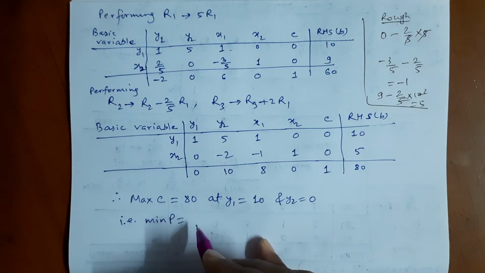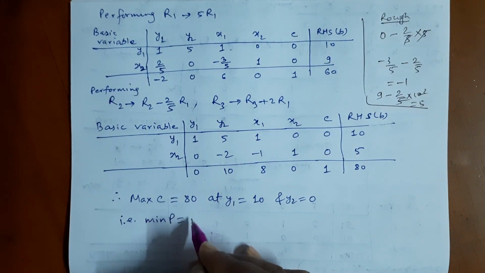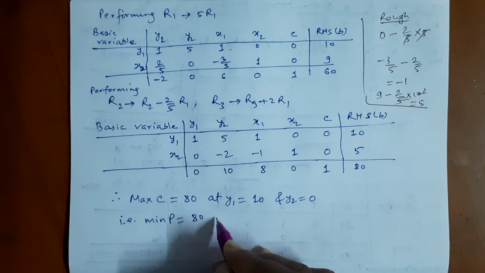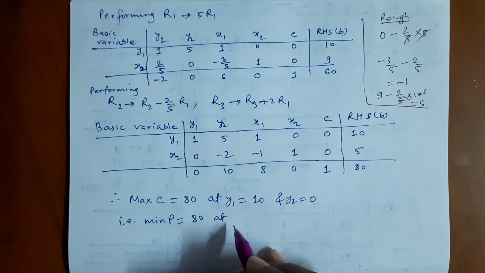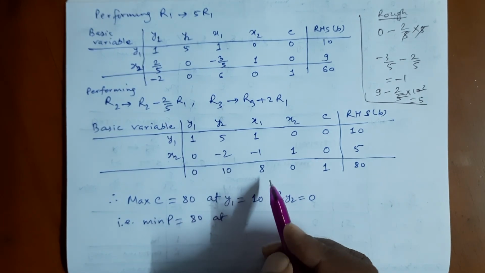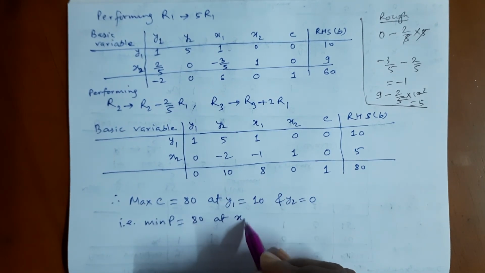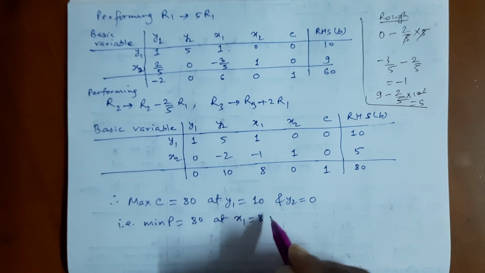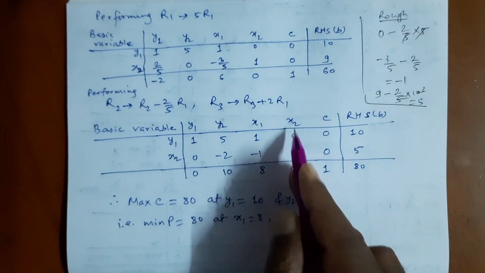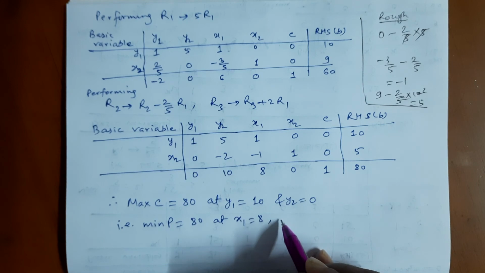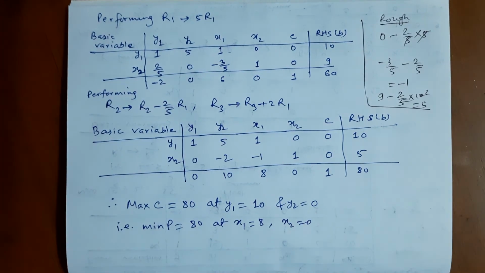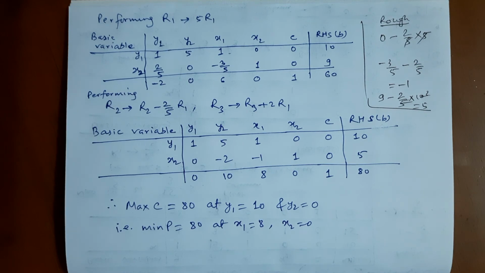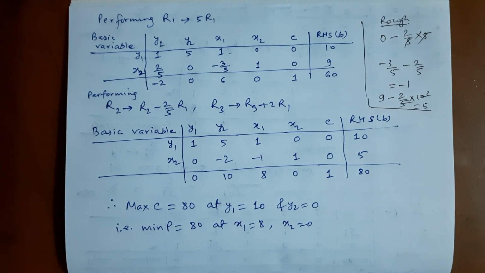So the minimization of P will also have the same value, 80, but our variables in the minimization problem were x1 and x2, so the x1 value from here is 8, and the x2 value from here is 0.